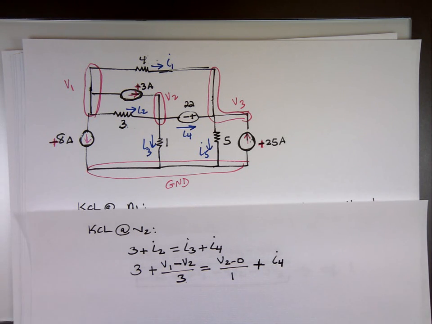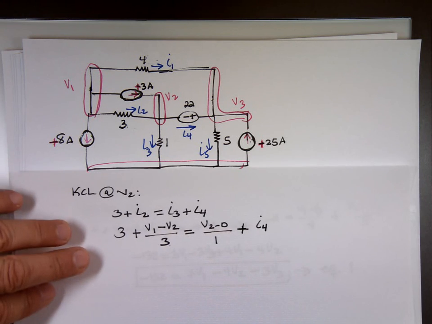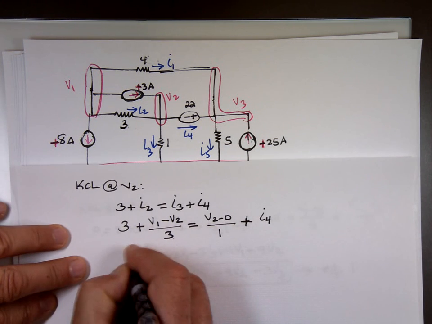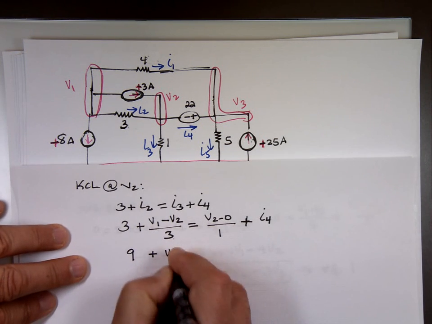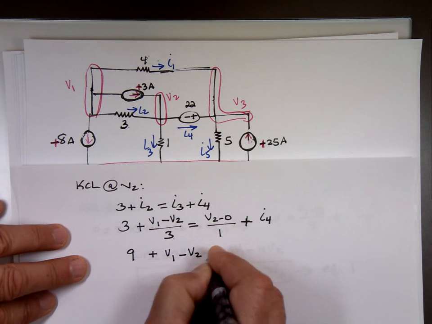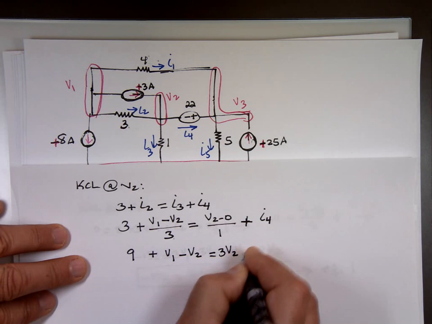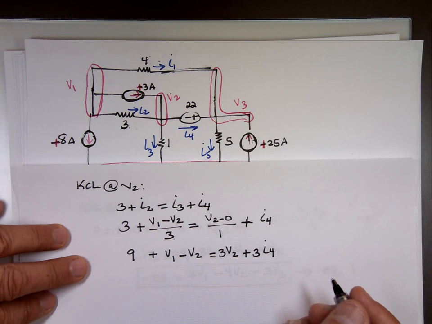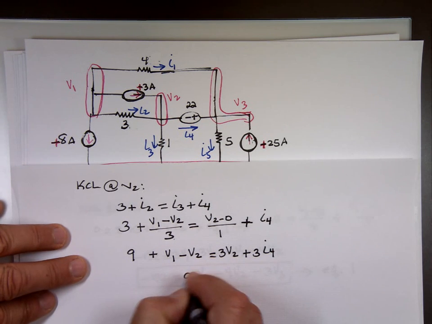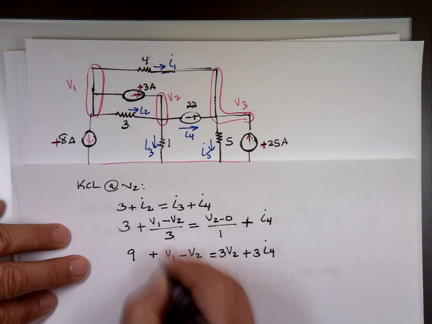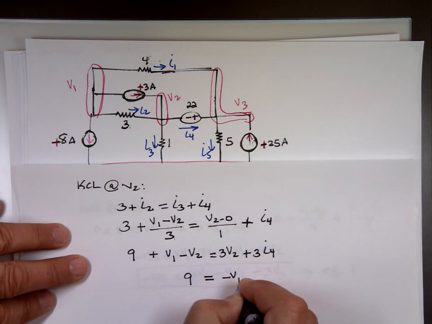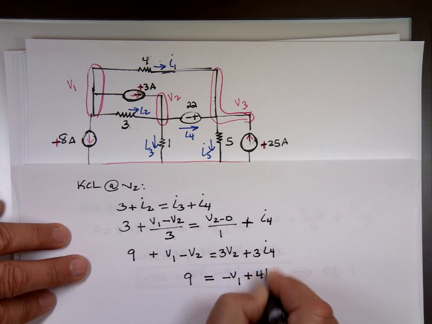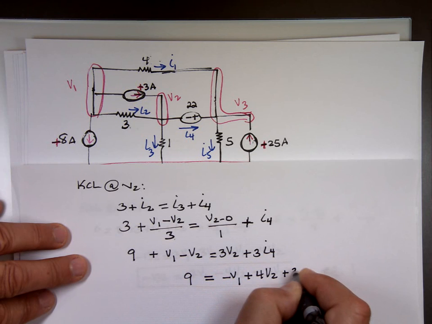So if your LCD for this is 3, 9 plus V1 minus V2 equals 3V2 plus 3I sub 4. 9 equals, if I move everything to one side, negative V1 plus 4V2 plus 3I sub 4.